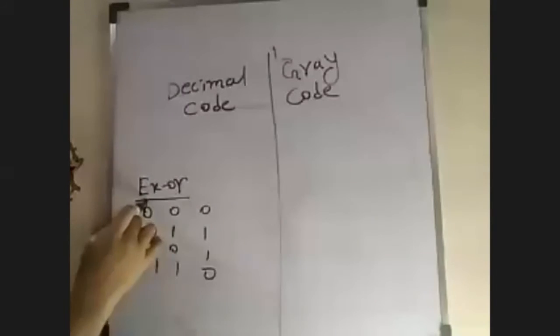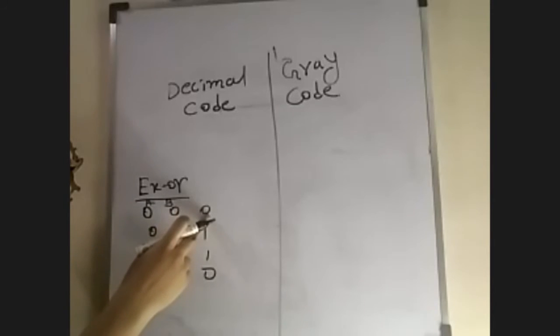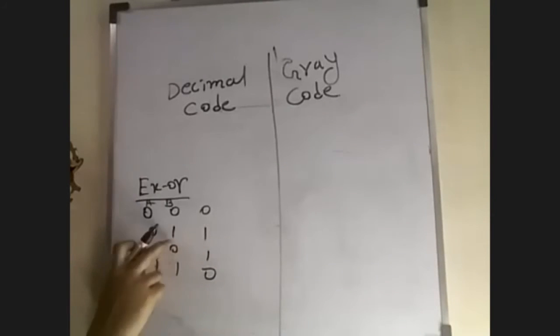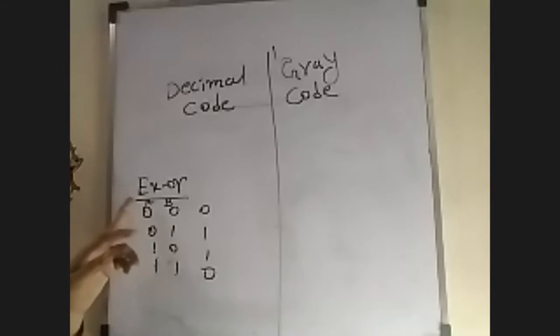So this is the exclusive OR operator. I am telling this because in decimal code to gray code conversion we must use the exclusive OR operation.